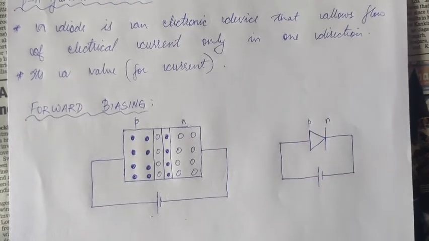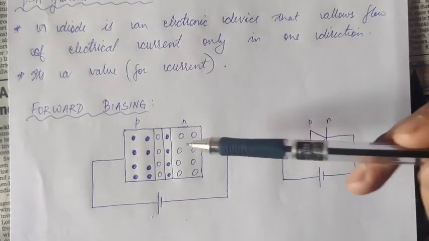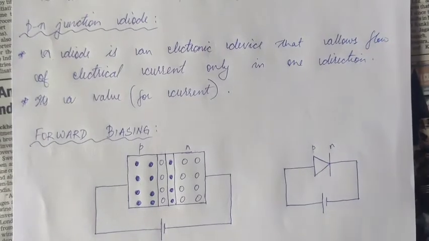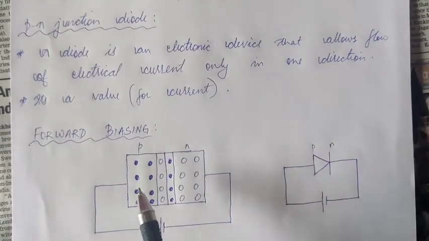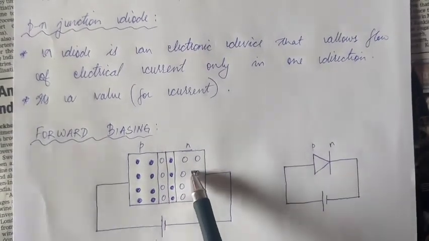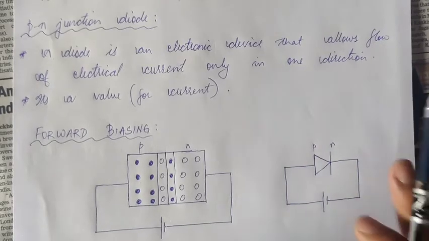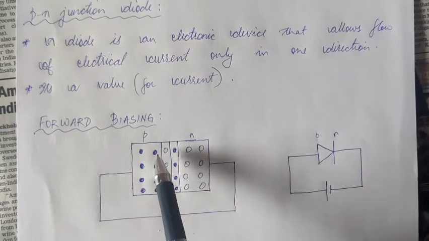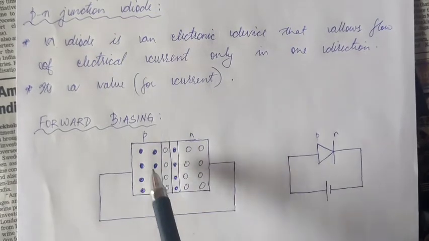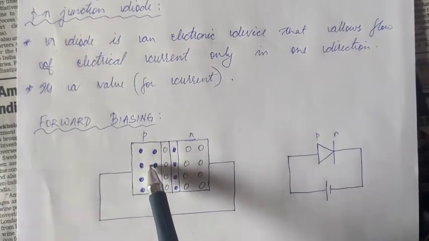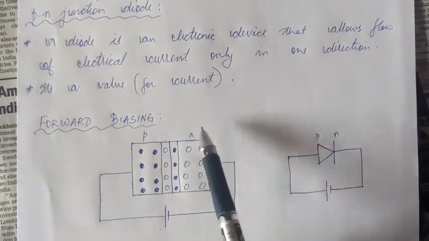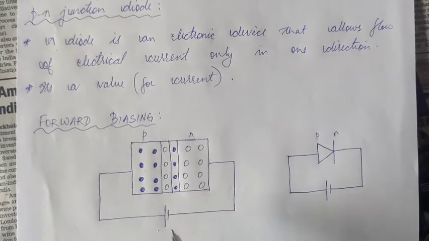Now what happens when we forward bias a p-n junction diode? To the p side we have the positive terminal connected, to the n side the negative terminal, and we know like charges repel. So the positive charges or holes, which are majority charge carriers on the p side, are repelled. And the electrons, which are majority charge carriers on the n side, are repelled by the negative side.